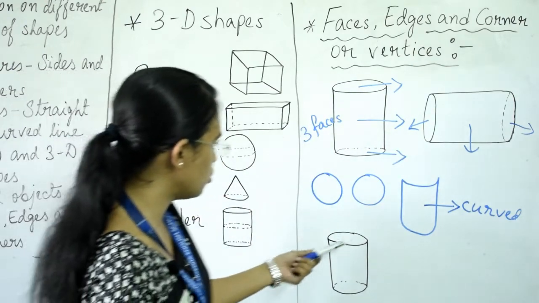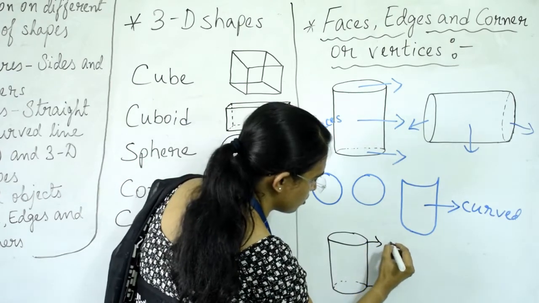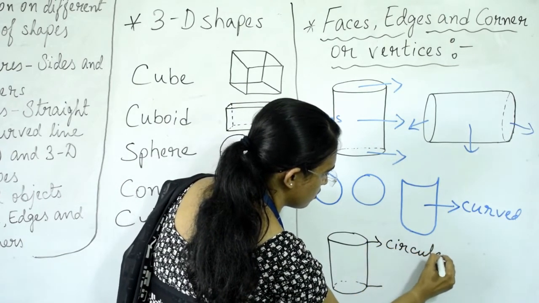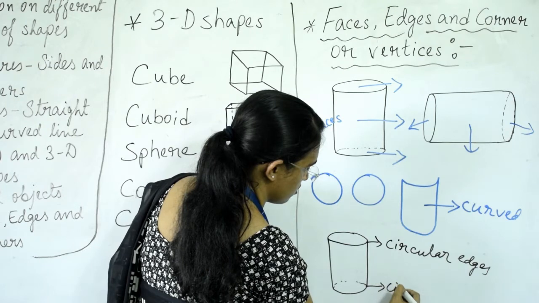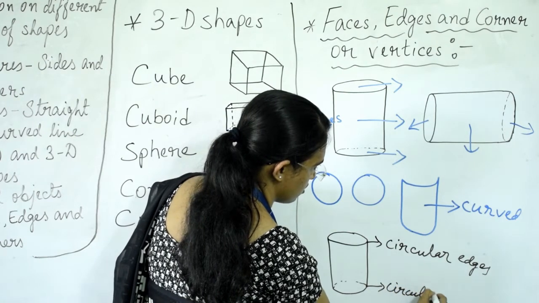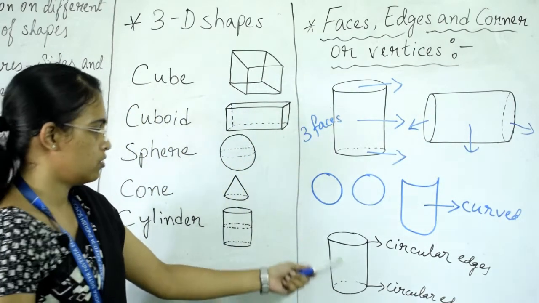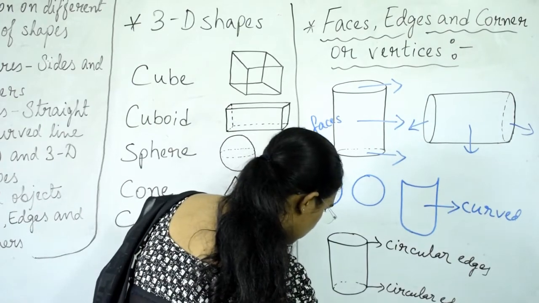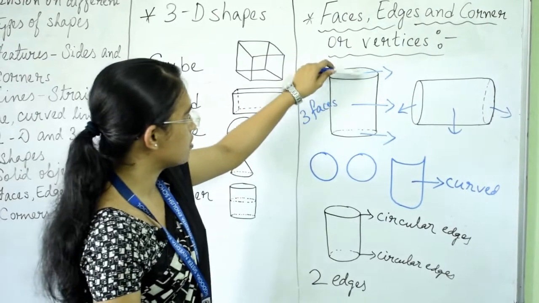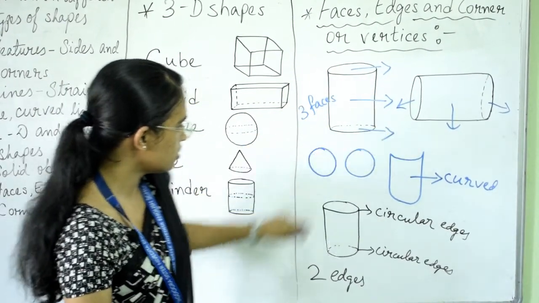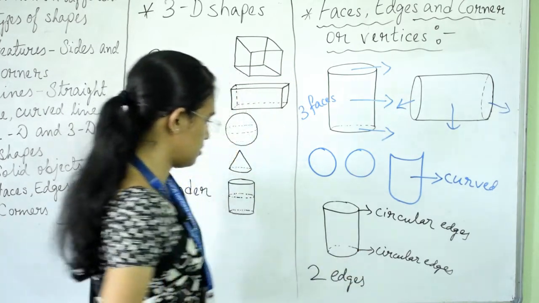In a cylinder there are 2 edges and both are circular edges. How many edges? Two edges. So in a cylinder there are three faces, this part and this part, and two circular edges, this one.